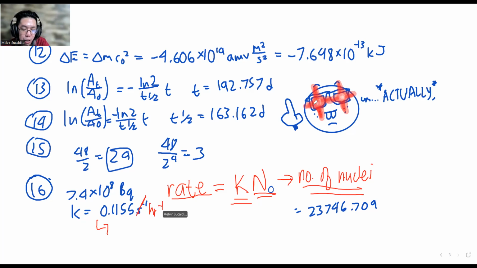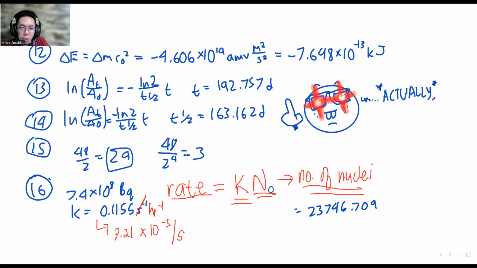Okay? So, if you convert that into per second, you'll have 3.21 approximately, times 10 to the negative 5 per second. Okay? So, with that, use now the becquerel, no? So, 10 to the 8 tsaka negative 5.